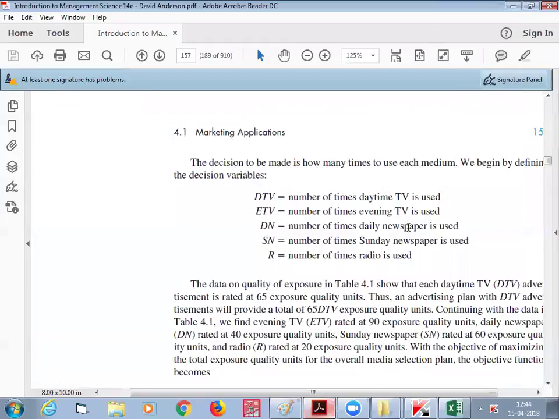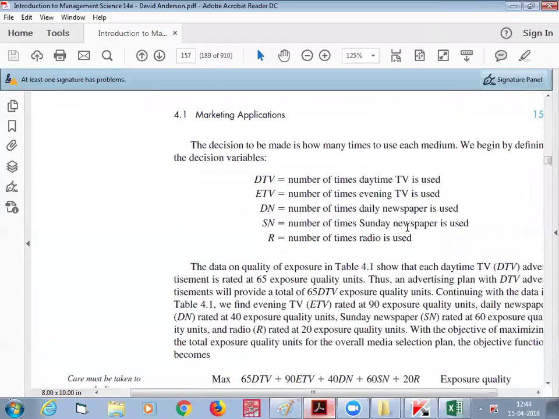So, what are we trying to decide? How many advertisements we should place in each of the media. So DTV will be the number of advertisements in daytime TV, ETV in evening TV, DN in daily newspaper, SN in Sunday newspaper, and R in radio. Now, what is our objective?